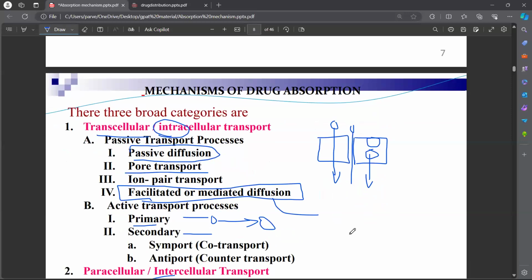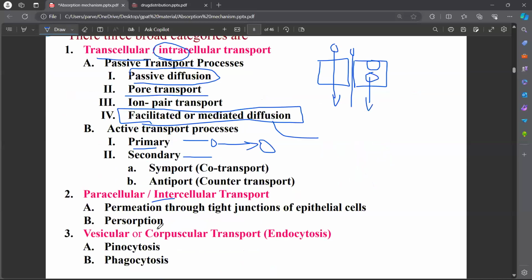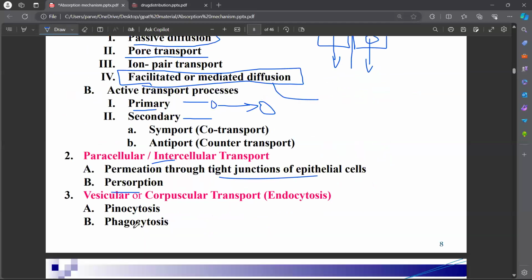Next is paracellular, as I mentioned, permeation through the tight junction and persorption. The third one is vesicular transport, which includes pinocytosis and phagocytosis. So what is the difference between phagocytosis and pinocytosis? Come on, guys, tell me.